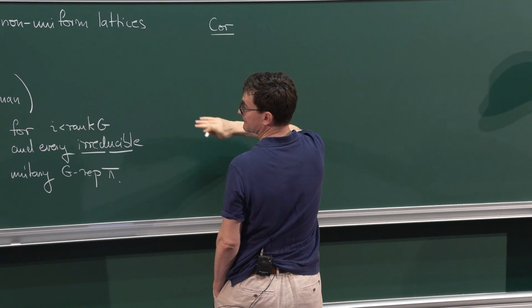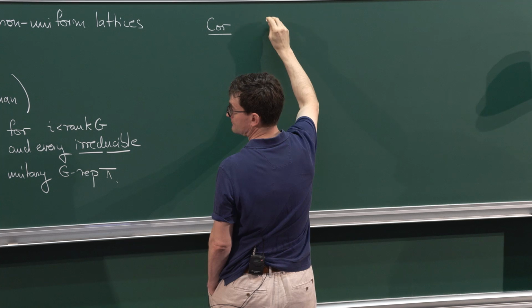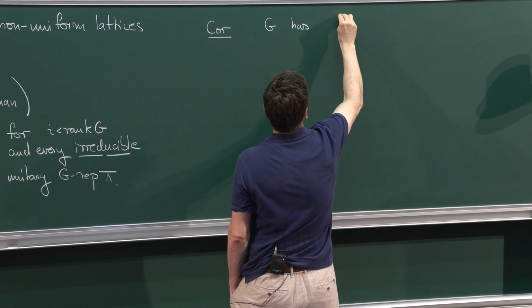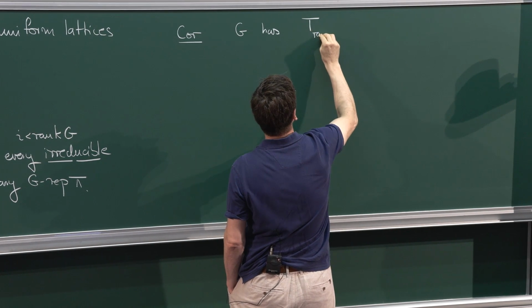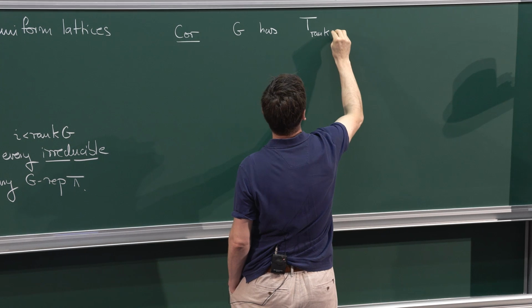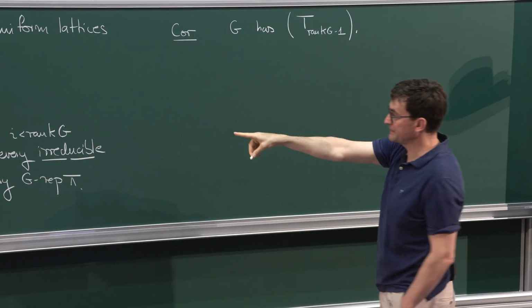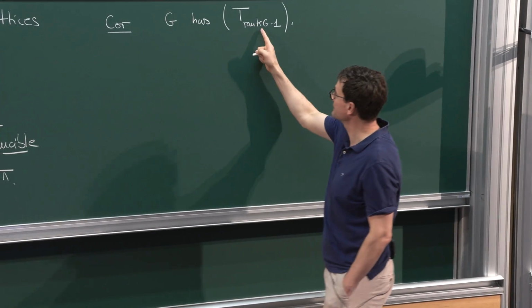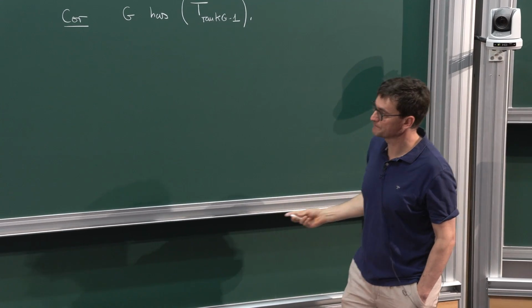So the corollary of that theorem with what we have is that we actually have this property, that we have the vanishing here for every unitary representation, which is just short for T_{rank G - 1}.